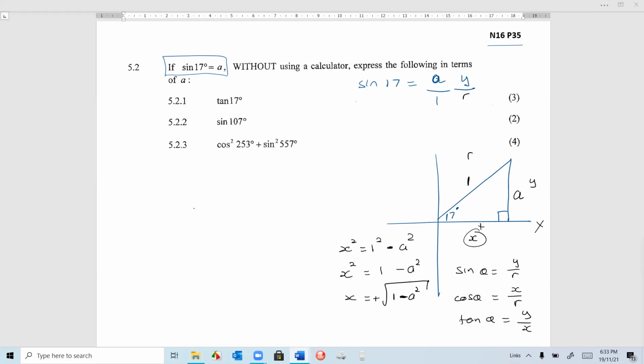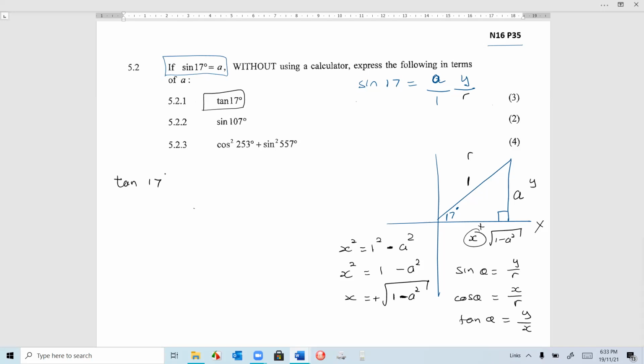Once you have the three sides, we know the X value, we can put it down here. The X value is root 1 minus A squared. Once you have three sides in a triangle, you can find all the trig ratios, because sine, cos, and tan just need X, Y, and R. Looking at the first question, what is tan 17?